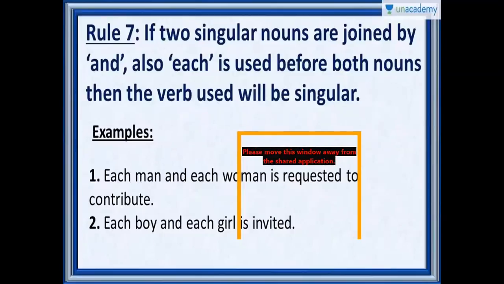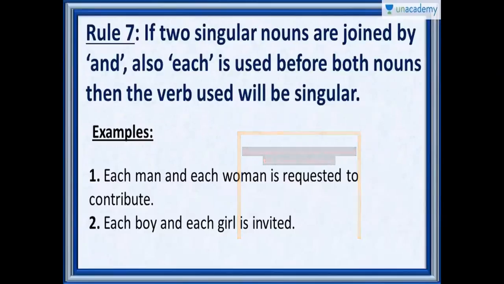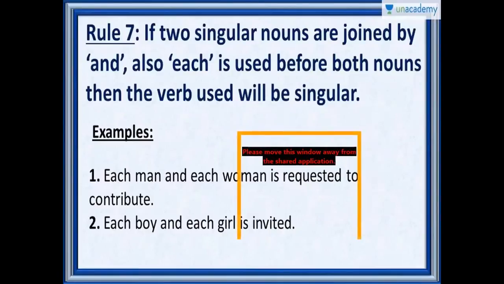Now, if we go deeper into the extension of the rules, if two singular subjects are combined by 'and', is it singular or plural? One and one are combined by 'and'. What will happen? It becomes plural or singular? Plural. Then the verb will be plural.